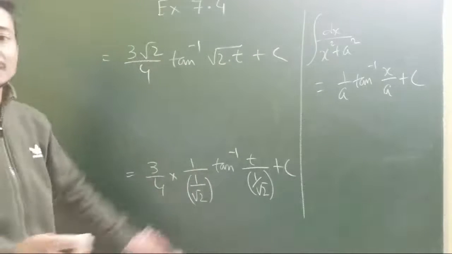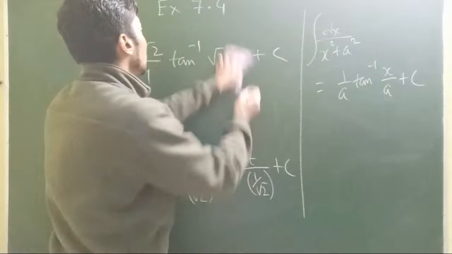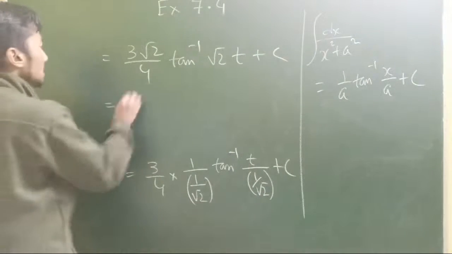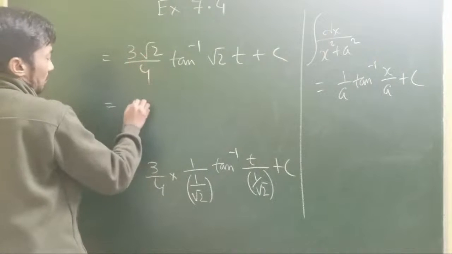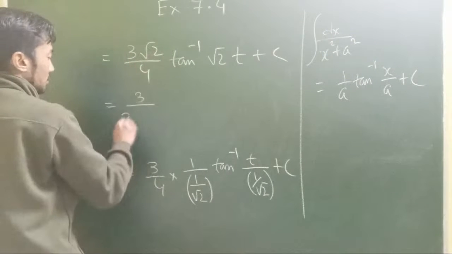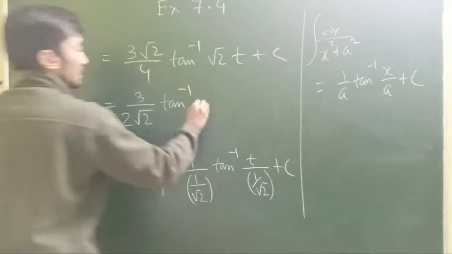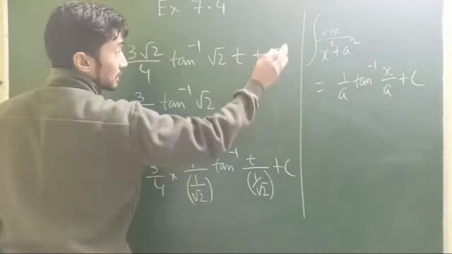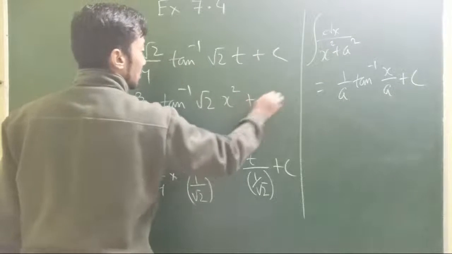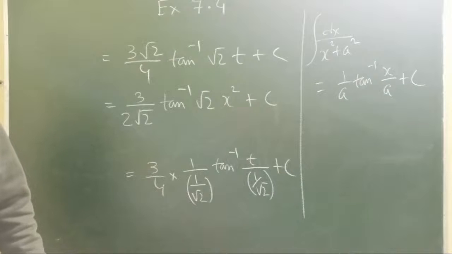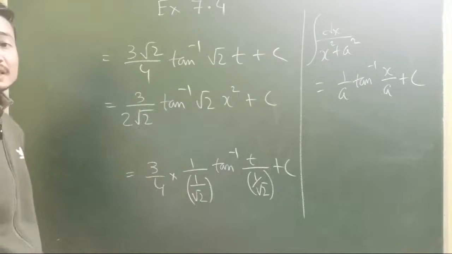T is outside of the root, not with root 2. Now 3 root 2 by 4. So that will be 3 root 2 by 4 tan inverse root 2. The value of t was substituted as x square before. So root 2 into x square plus c.